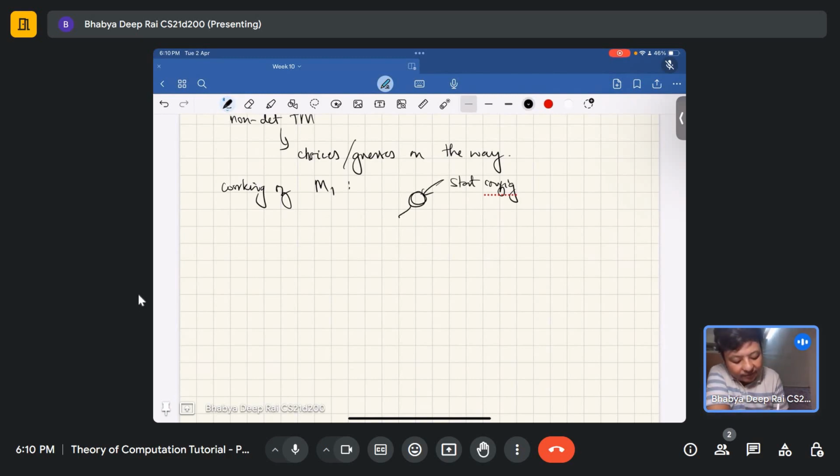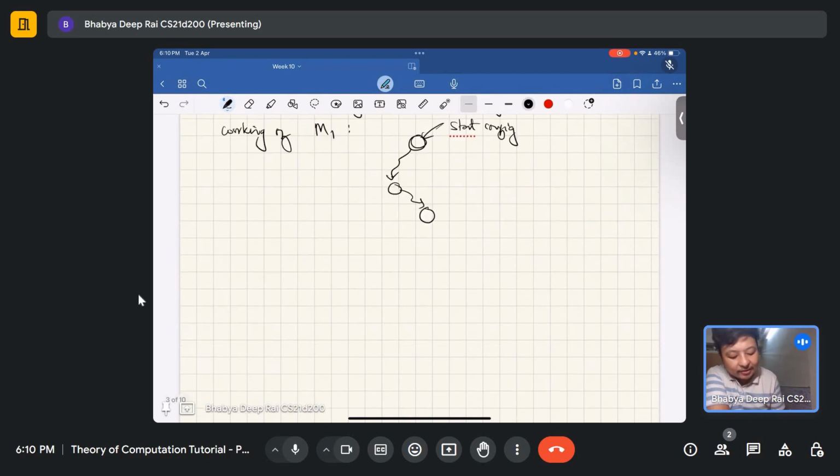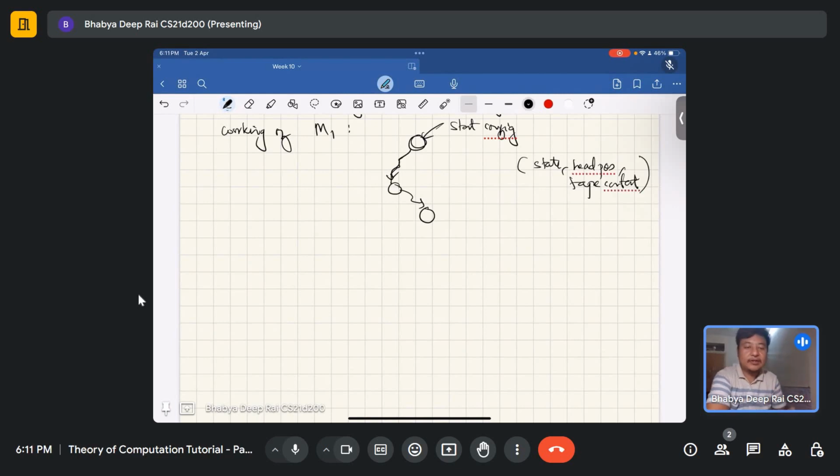I move from this configuration to this configuration on the input. So what does the configuration look like? The configuration talks about the state we are in, the head position, and tape content. So my machine moves from one configuration to another configuration.